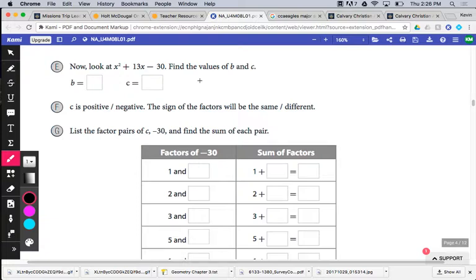Don't worry about this. Just factor it. Like I said, don't worry about what the book is asking. Just factor it.